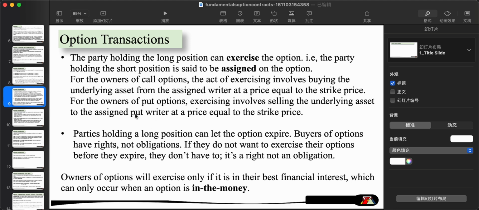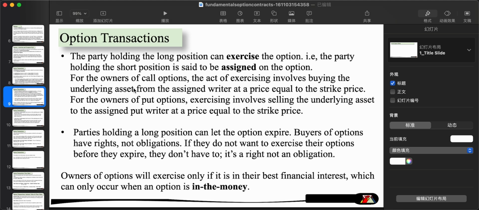For the owners of put options, exercising involves selling the underlying asset to the assigned put writer at a price equal to the strike price. So when you are selling a call, you're expected to deliver the asset. When you're selling a put, you're expected to buy the asset at the given strike price.